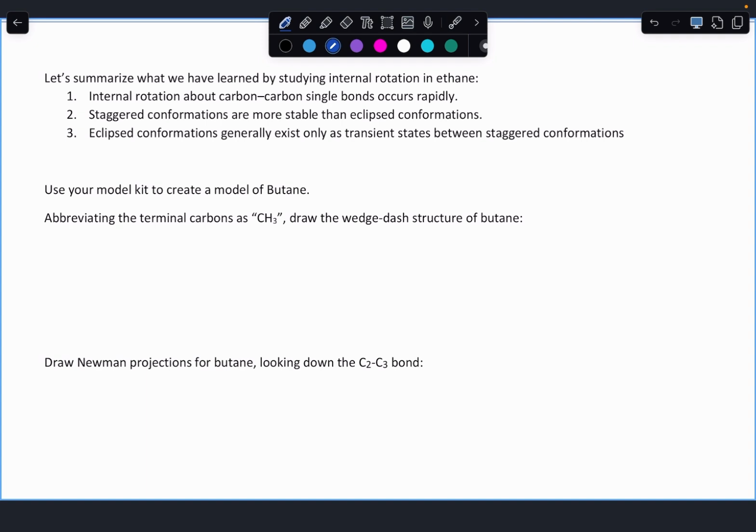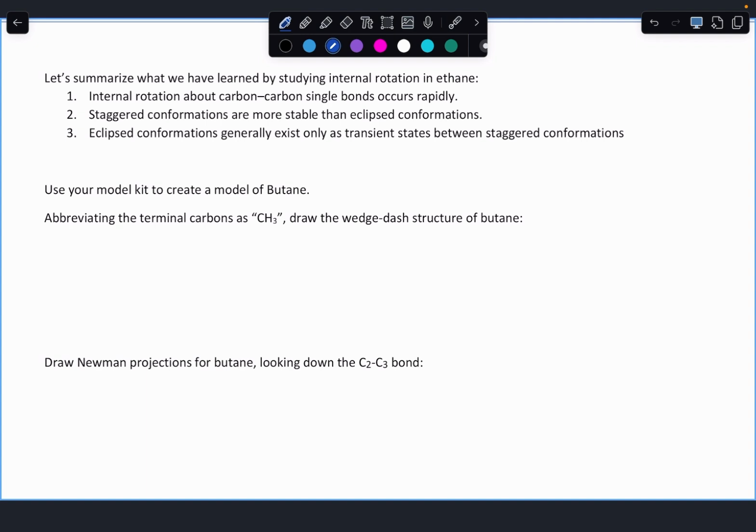This model kit keeps the bonds really far apart, but in reality, these bonds are very close. And there are electrons in these bonds. All electrons are negatively charged, so when they're closer together by overlapping, there's repulsion between them, and we call that the torsional strain. Eclipsed conformations are higher energy, and they just happen momentarily, but molecules tend toward lower energy states. So although it occurs, it is higher energy.